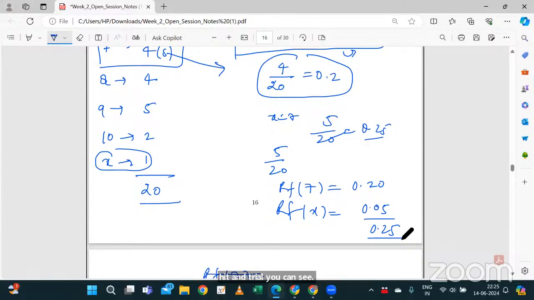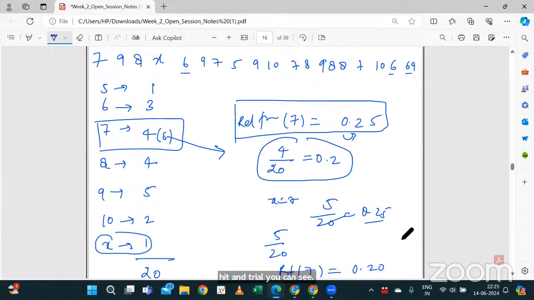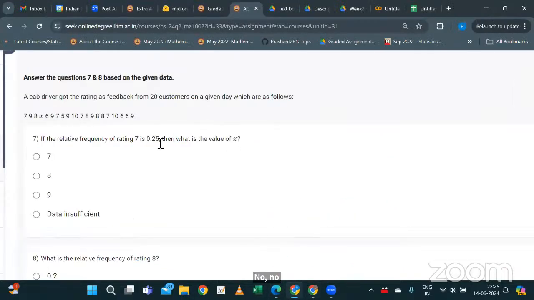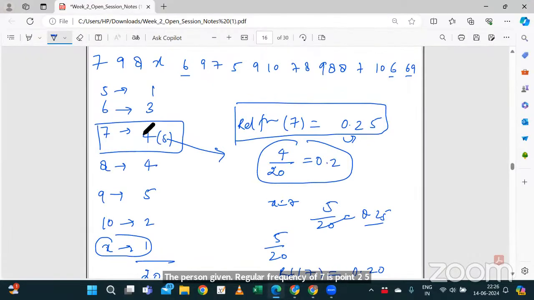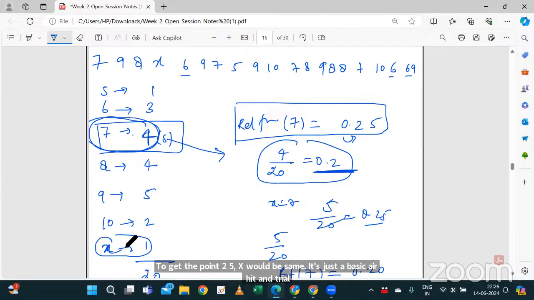In the question it is given that the relative frequency of 7 is 0.25. But if you calculate from here, 7 is 4 times only, and for 4 times the relative frequency comes out to be 0.2. To get 0.25, X should be 7. Based on this data, we are able to directly shoot for it.